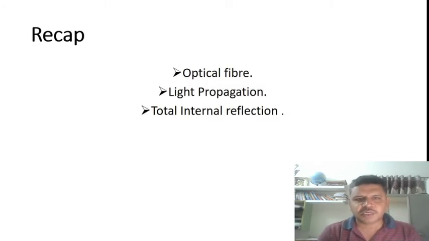Last class, we observed the optical fiber and how light propagation takes place in the optical fiber. What is the meaning of total reflection? All these things we discussed last class.